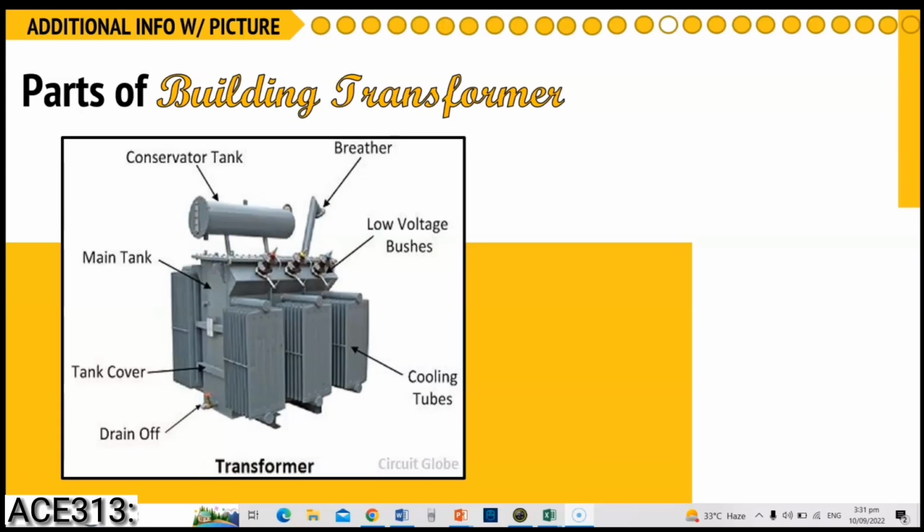And the conservator of a transformer is a tank or cylinder, this one, that attaches to the upper part of the body of a transformer. And the breather, this one, acts like the nose of a transformer. And the cooling tube performs the function of cooling in the transformer.